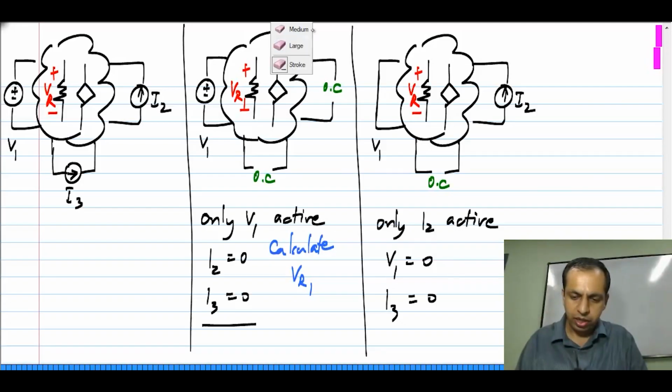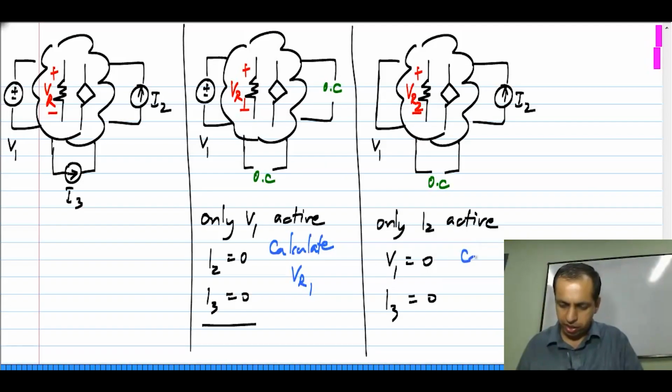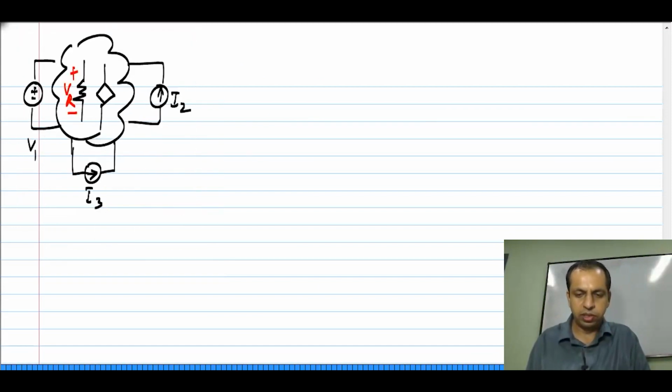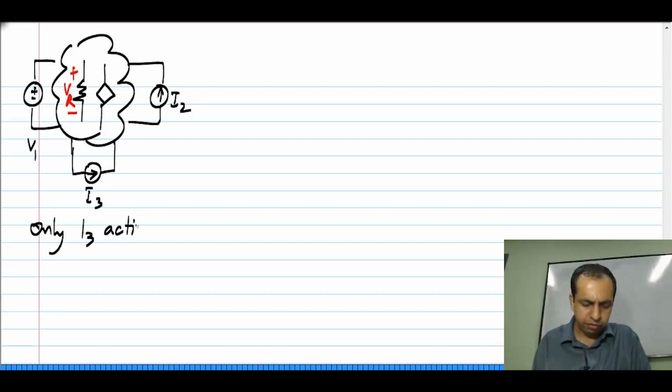And I get a certain value of the resistor voltage from this, and let me call that VR2. So, I calculate VR2. Okay. And finally, I do the analysis a third time, and this time I will have only I3 active, which means that I set V1 to 0 and I2 to 0.